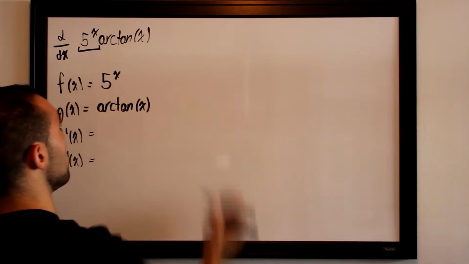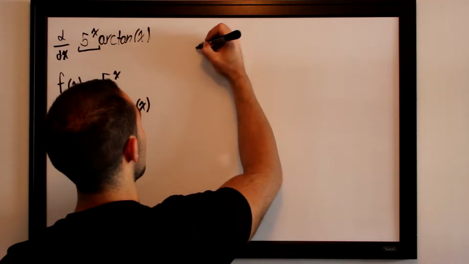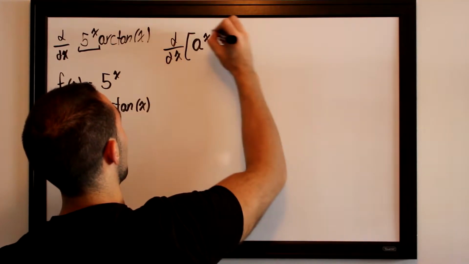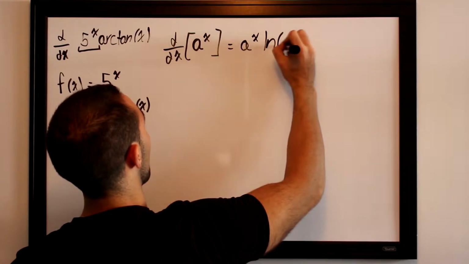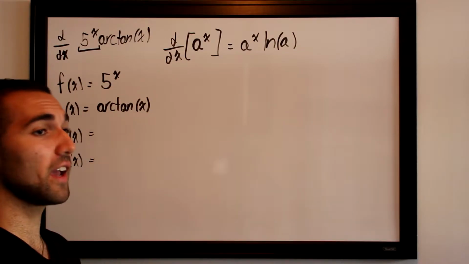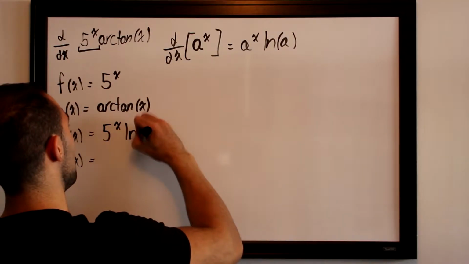And we know from the previous video that the derivative of any constant raised to the power of x, so d by dx of a to the x, is simply a to the x multiplied by the natural logarithm of a. So the derivative of 5 to the x is 5 to the x times ln of 5.